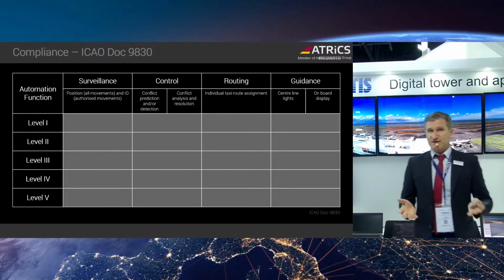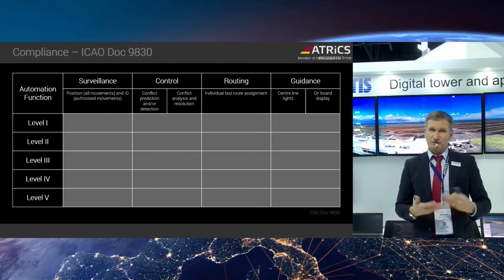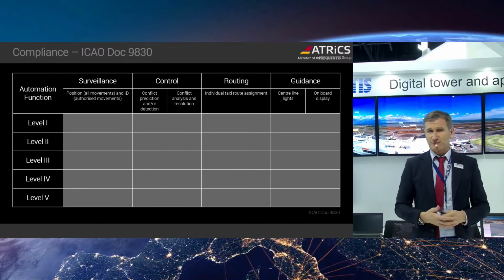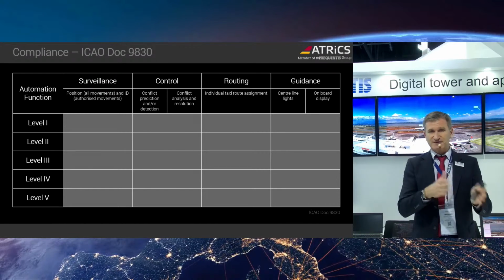Now, what does the TowerPad comply with? There's a lot of confusion, maybe not confusion per se, but there are a lot of terms like implementation levels from ICAO. The ICAO Doc 9830 is still a very important document, released in 2004. On the x-axis, you have surveillance, control, routing, guidance.